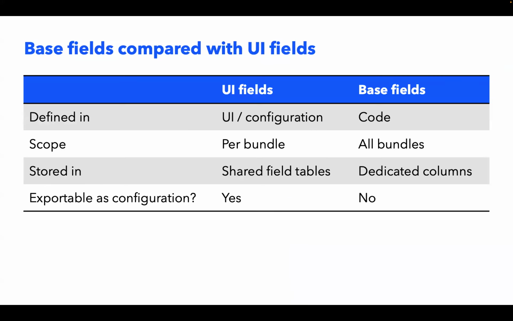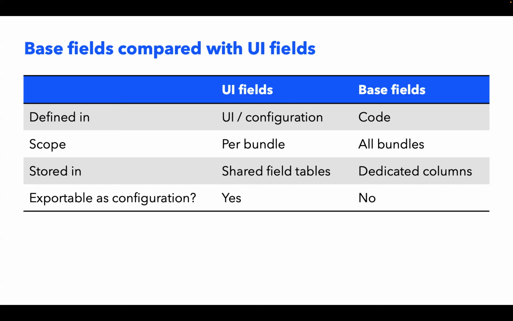So just a quick comparison. I'm going to refer to fields that you configure through the user interface as UI fields, and base fields are the ones that are not configured through the UI. As I just said, UI fields are defined in the user interface, and then they're exported to configuration in the form of YAML files.